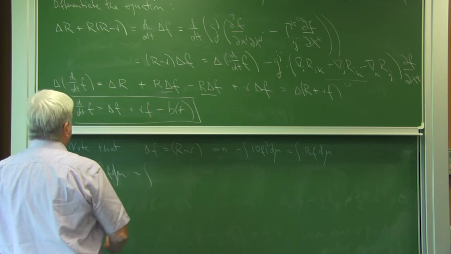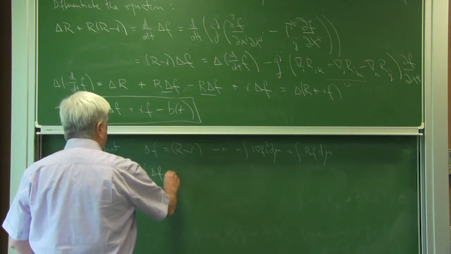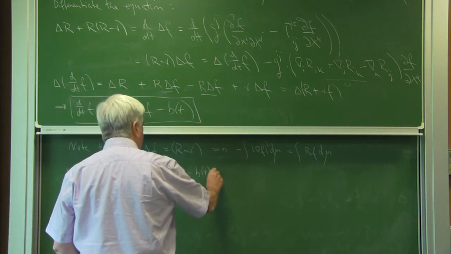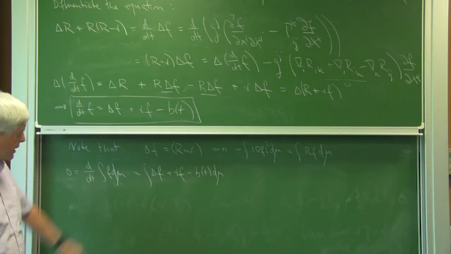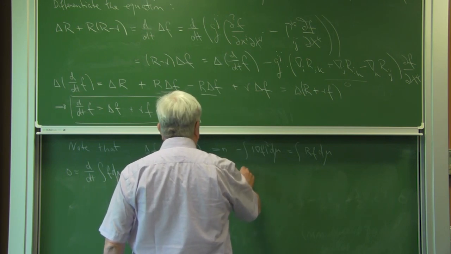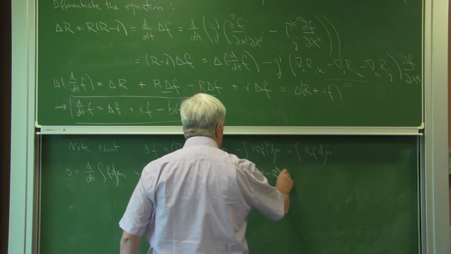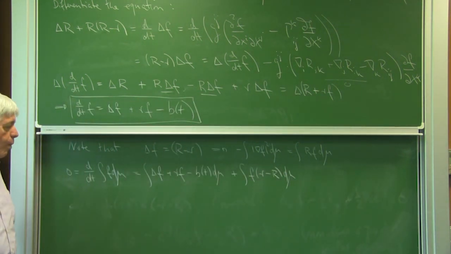So we get integral of Laplacian of f plus r times f minus b of t d mu, and we also get from the volume element plus integral f times little r minus capital R d mu.